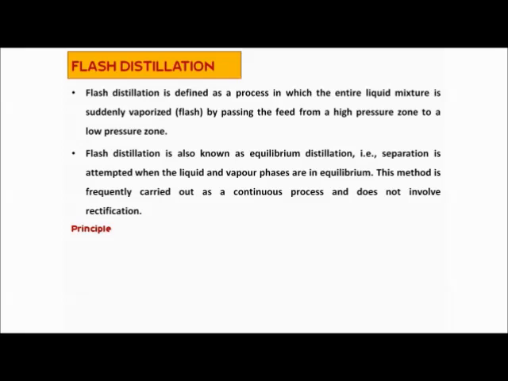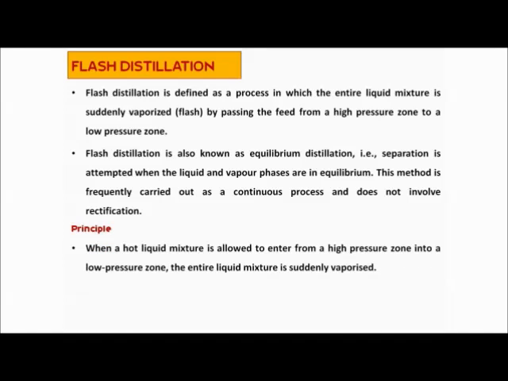So, the principle of flash distillation, how does it take place? It's simple. When a hot liquid mixture is allowed to enter from a high pressure zone to a low pressure zone, what will happen?